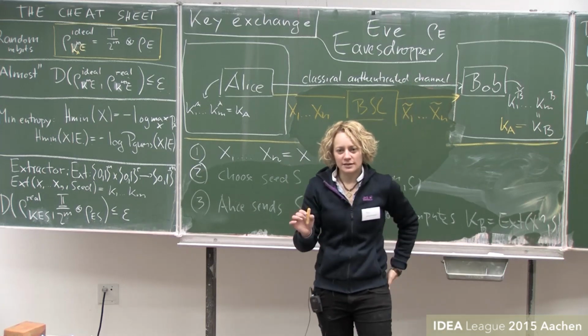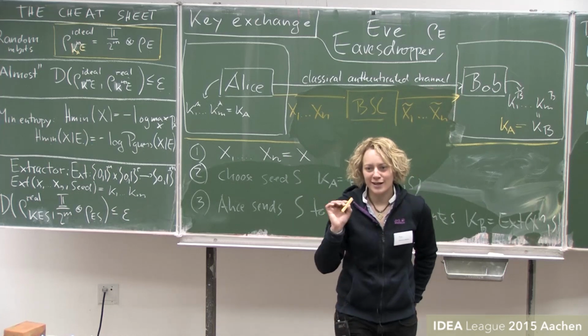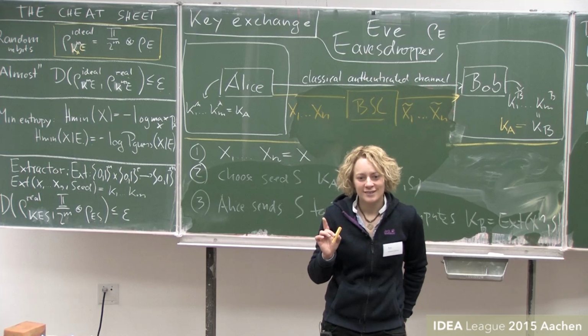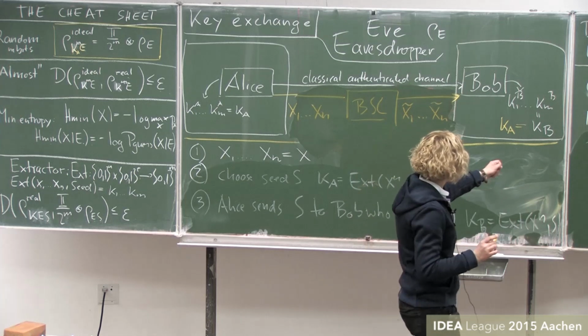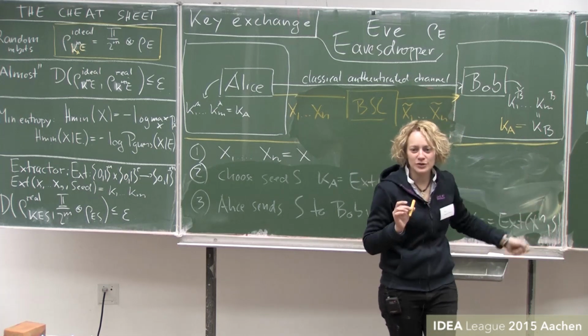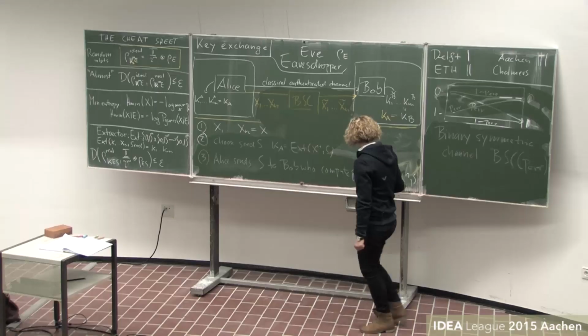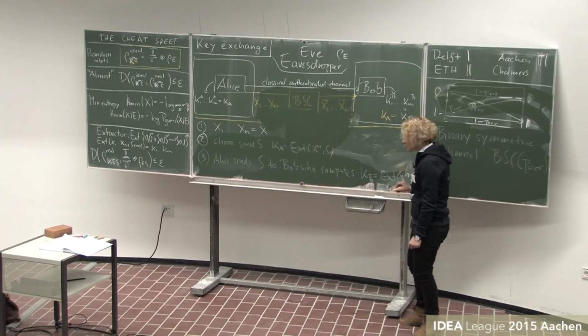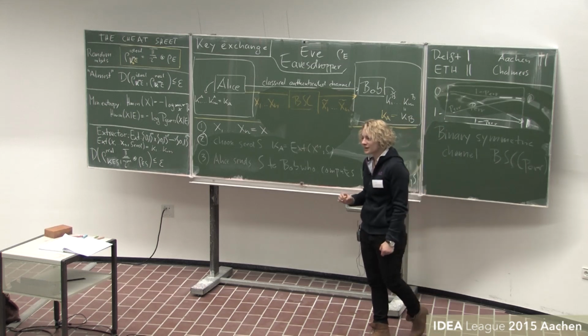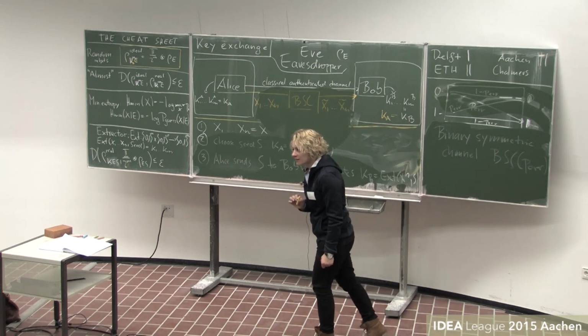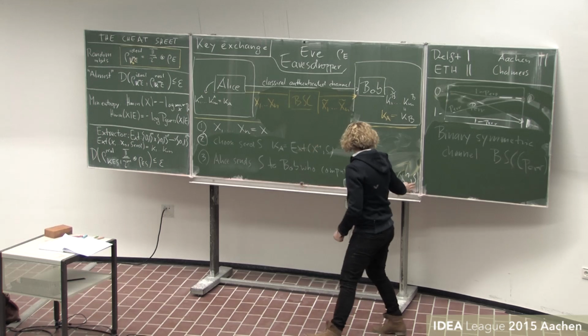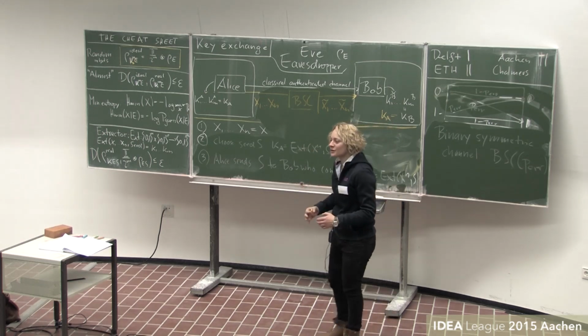So note that if we were not to correct any errors here, we would now be in trouble. Because remember, our gold standard, our demand, is that Bob must always produce the same key as Alice. So if we apply this extraction function to a noisy string, which is not the same as the string x that Alice has, then even though Bob knows the seed, he will get a different outcome.